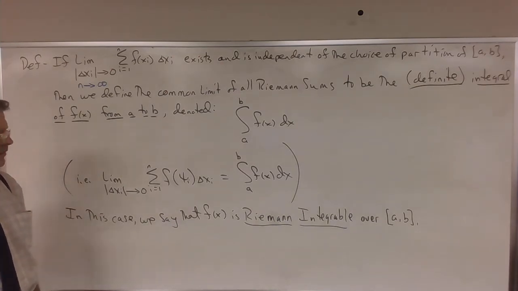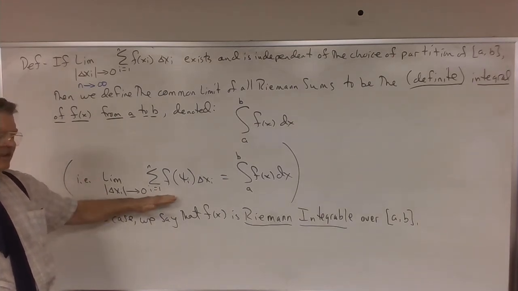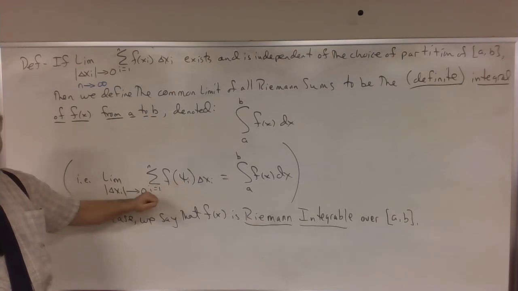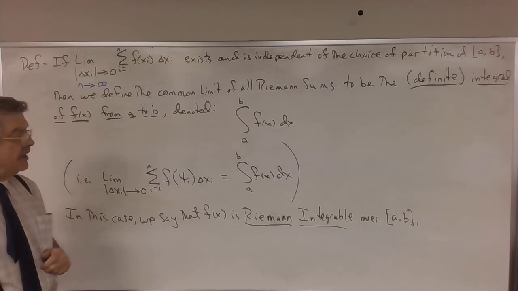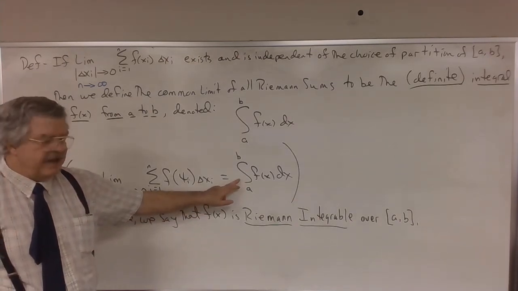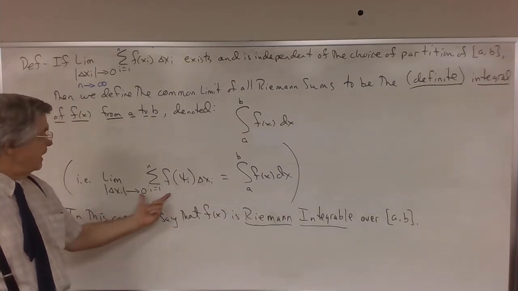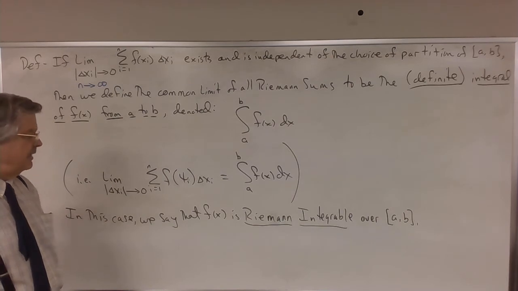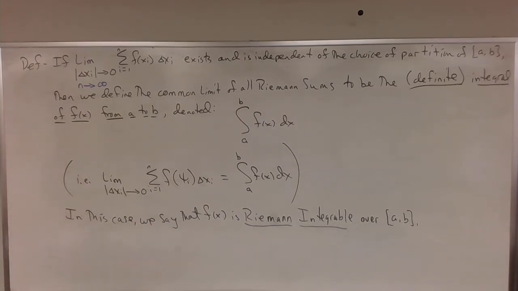If we get the same value no matter what partition we choose, no matter how we choose our psi sub i's in each subinterval, then the definite integral of f of x is said to exist, and it equals the common limit of these Riemann sums. If all Riemann sums have the same limit as delta x goes to 0, we say that the function is Riemann integrable over that interval.